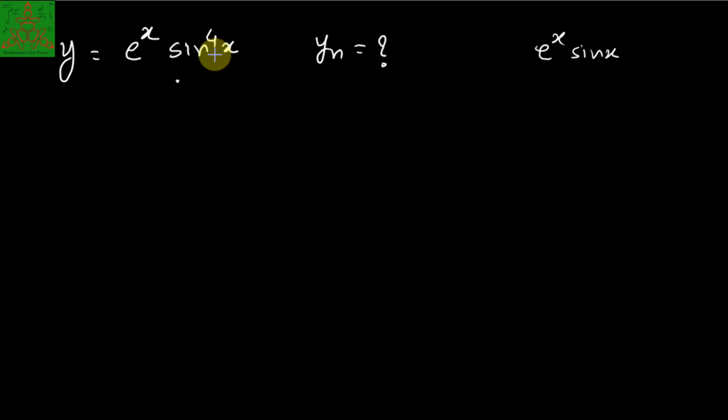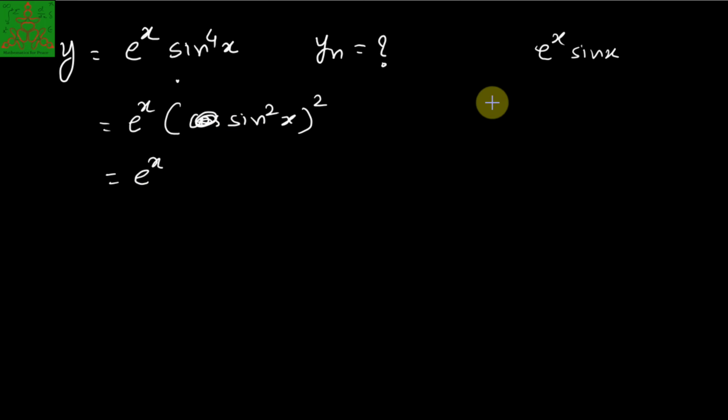So we have to simplify this. What we can do for sine raised to 4x, as we did in the previous example, is say that it is sine square x whole square, and using the trigonometric identity of sine square x, which says that it is 1 minus cos 2x upon 2.